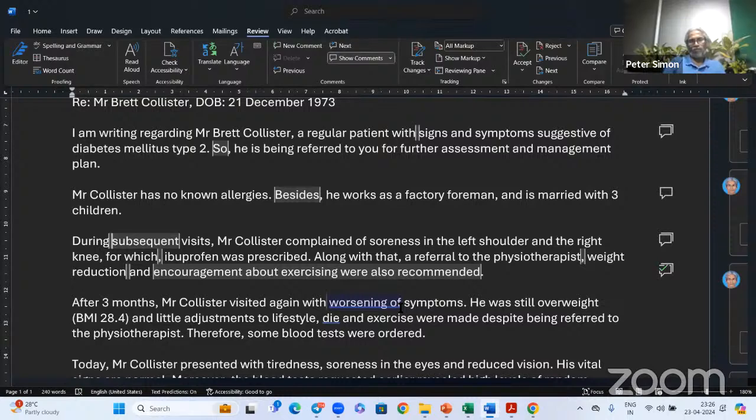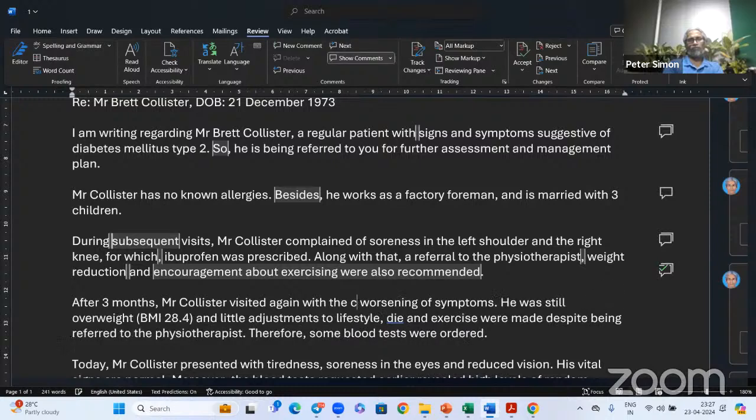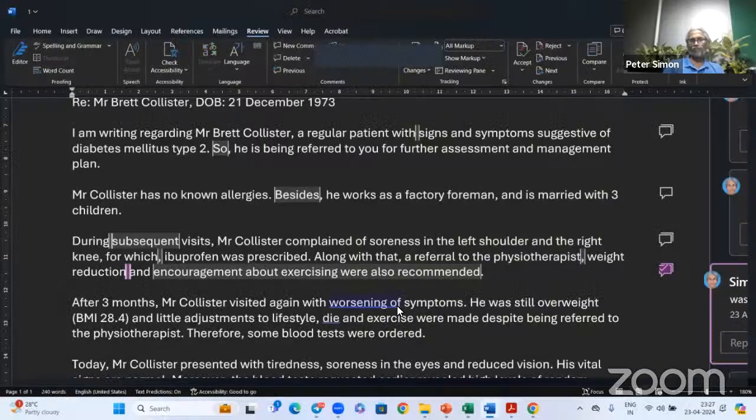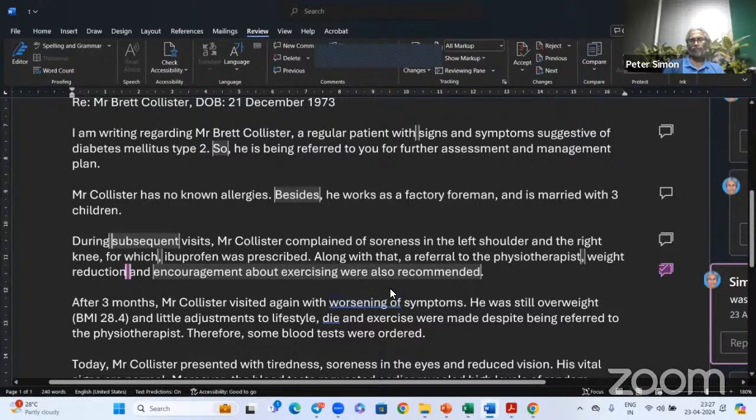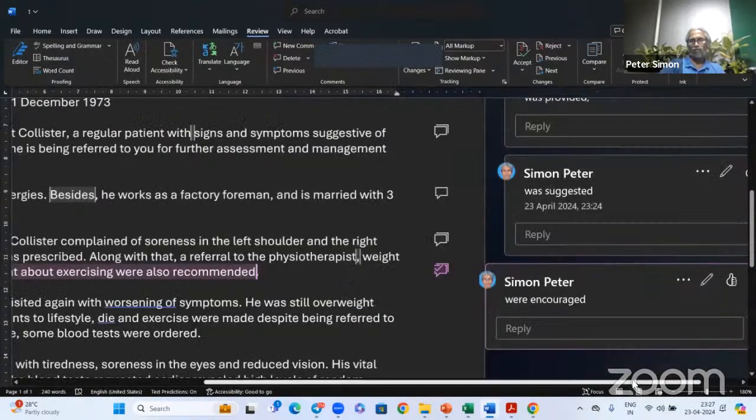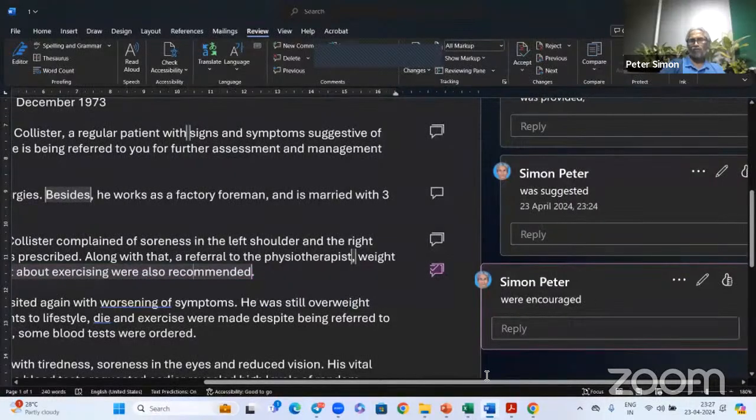Okay, with the complaints of worsening symptoms. With the complaint of symptoms, like that you can say, no? Okay. Or encourage or suggest. Okay.